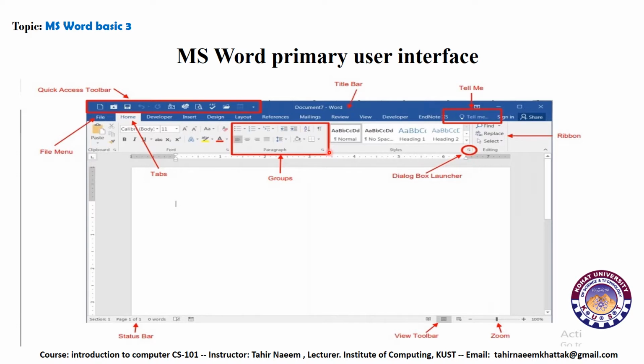Basically it contains the same features as mentioned here, but with more detail. So this is the zoom. You can zoom in, magnify, or zoom out. This is the toolbar, this is the status bar, this is the file menu, and that is the quick access toolbar.